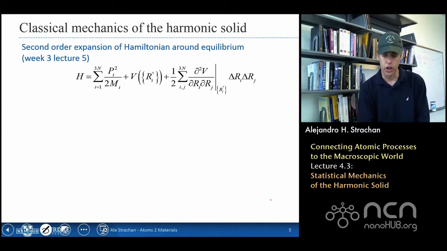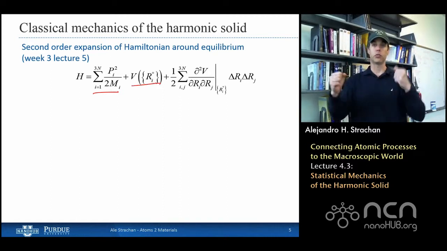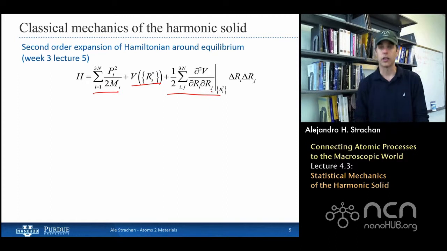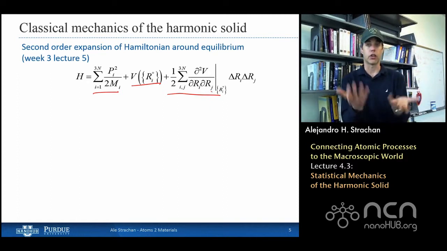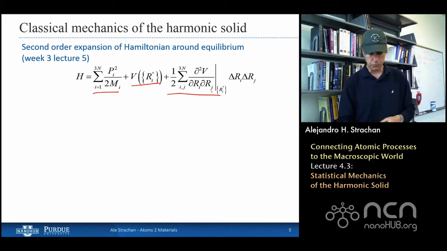So the total Hamiltonian has kinetic energy. It has the potential energy of the ground state, where all the atoms are in their minimum energy positions. And then I have this second order term that has to do with the second derivatives, the curvatures of the potential energy in which the atoms move.